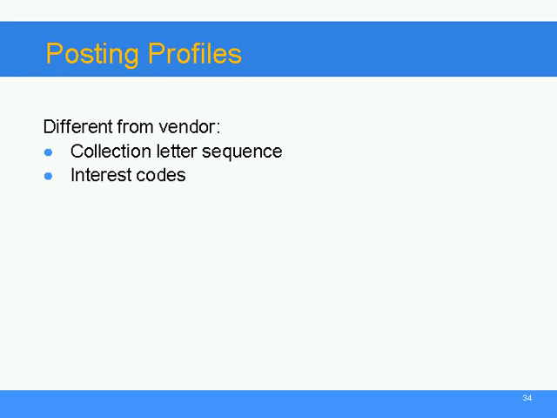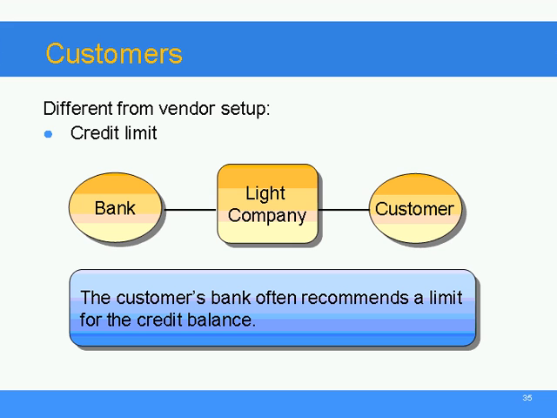Parameters similar to vendor. Okay, so posting profiles. You can define collection, letter, sequence, and interest codes in the customer posting profile. So collection letters we use for collection letters generating and interest codes for interest code calculation.